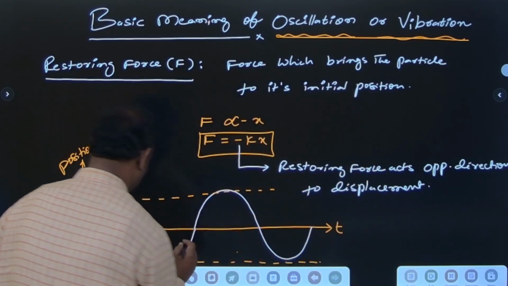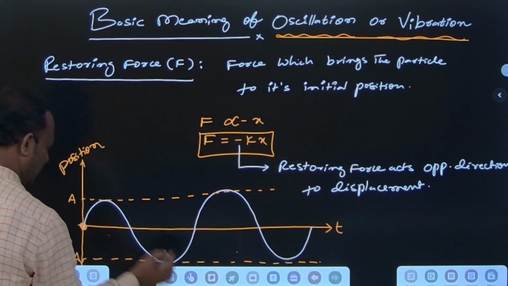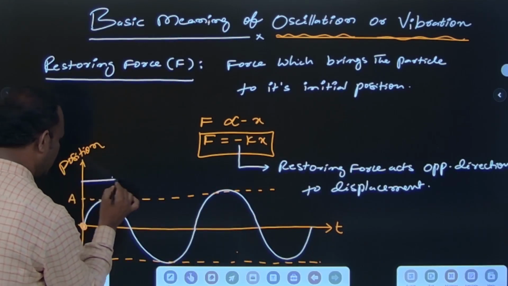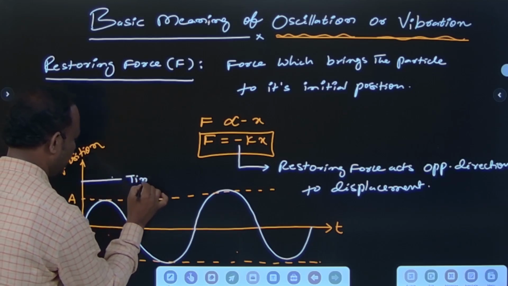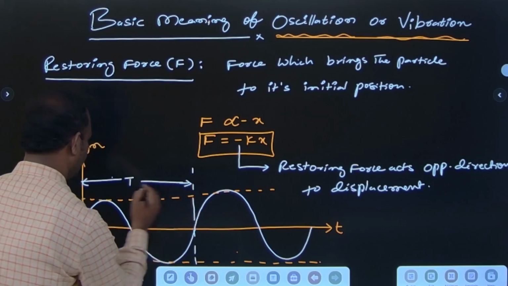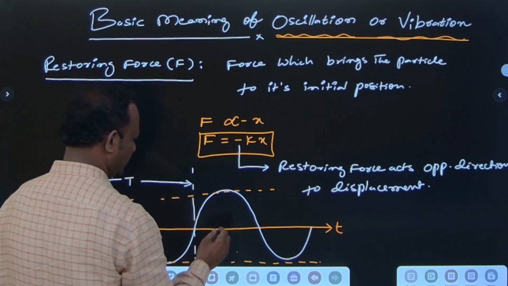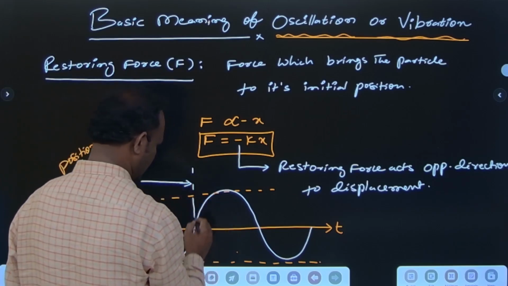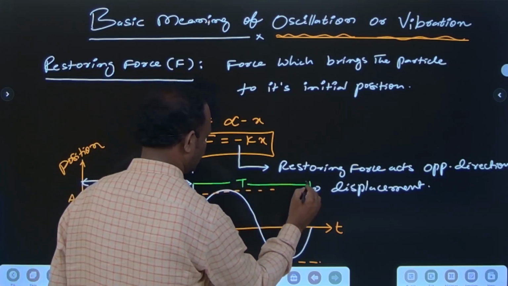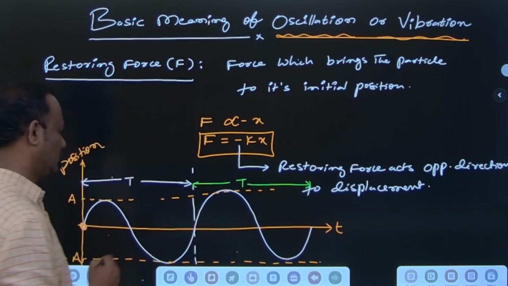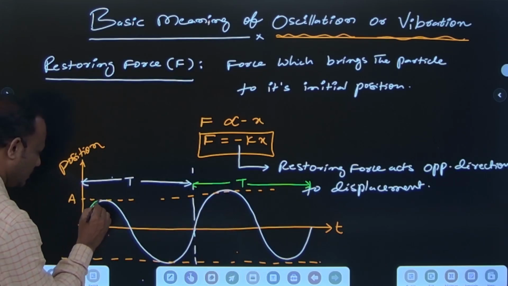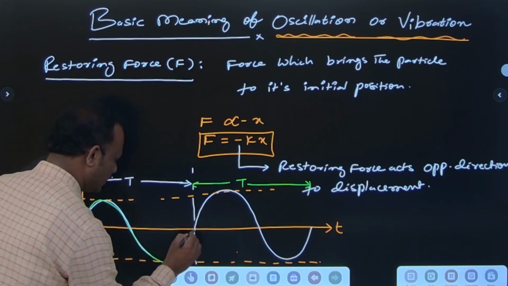From this point to this point is the time period, T. From here to here is one wave, completing one wave.